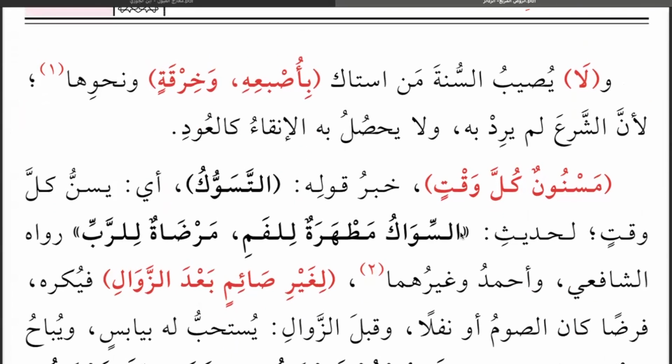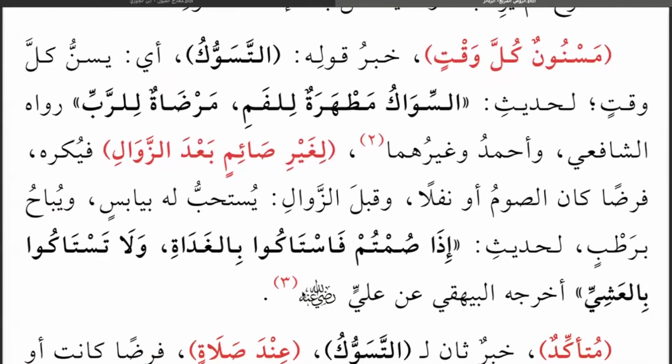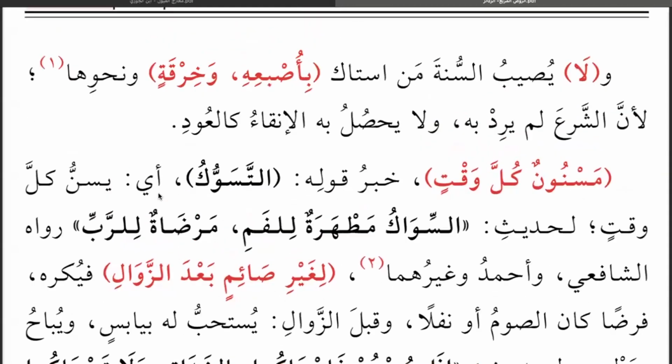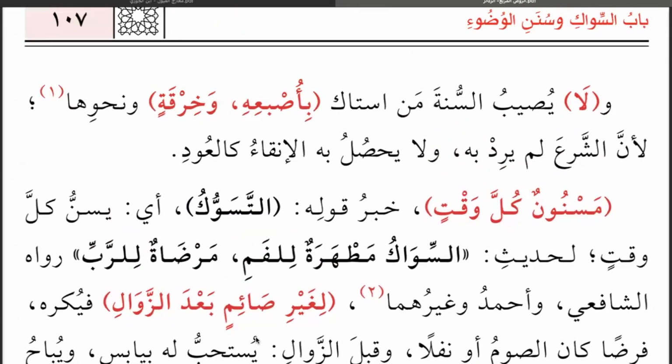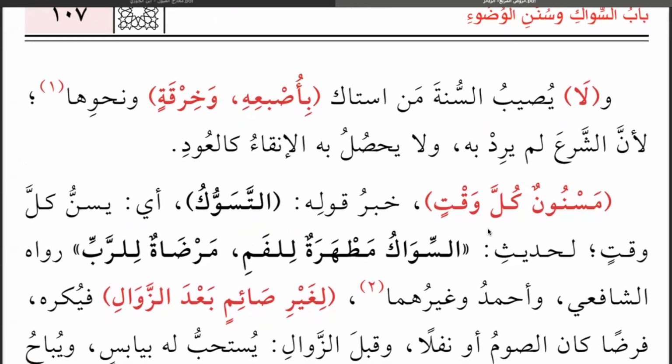Let me read the Zad: مسنون كل وقت لغير صائم بعد الزوال. Without being fasting after the zawal. So مسنون, recommended from the sunnah, كل وقت, at all times, anytime. It's always recommended. خبر قوله التسوك.